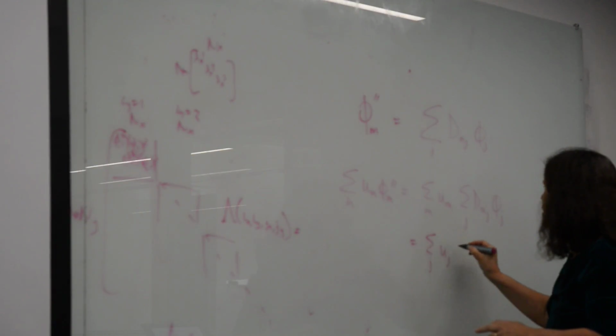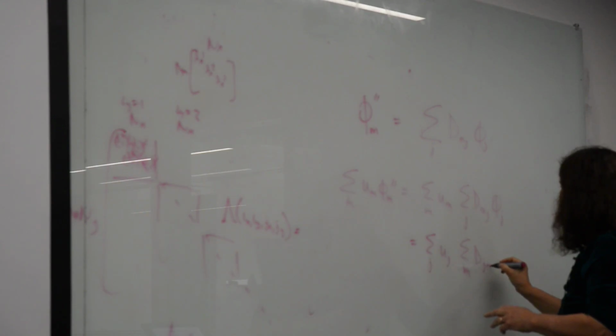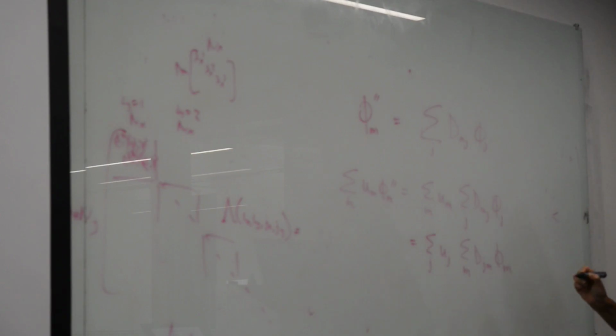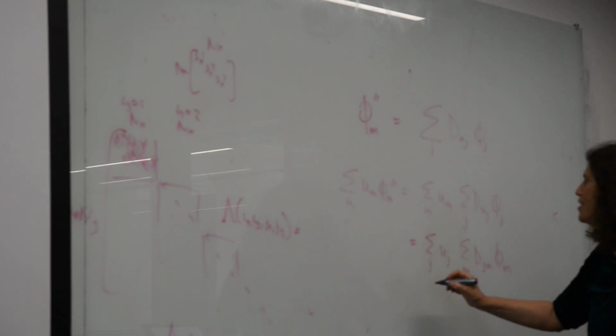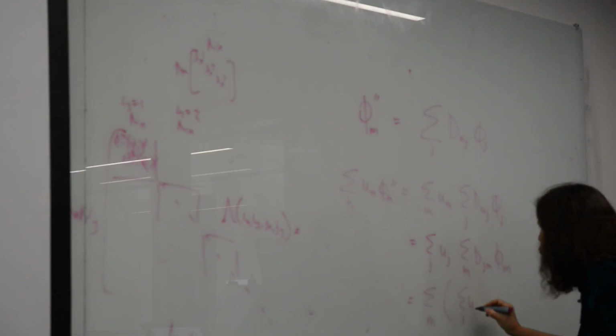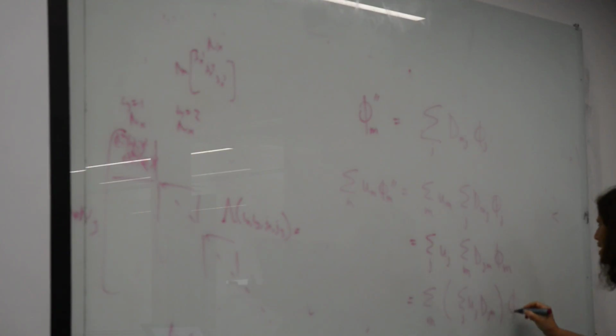Sum over j of u_j d_jm phi_m, and then I'm going to write the whole thing as sum over m, sum over j of u_j d_jm phi_m.